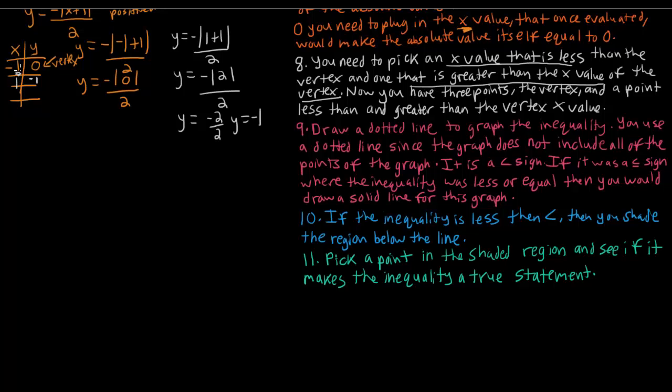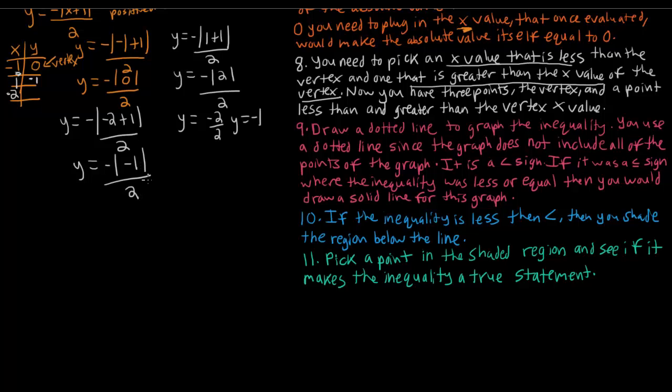Now we need a point that's less than negative 1. So how about negative 2? So if we plug in negative 2 into our equality, we have y equals negative absolute value of negative 2 plus 1, over 2. Y equals negative 2 plus 1 is just negative 1, over 2.